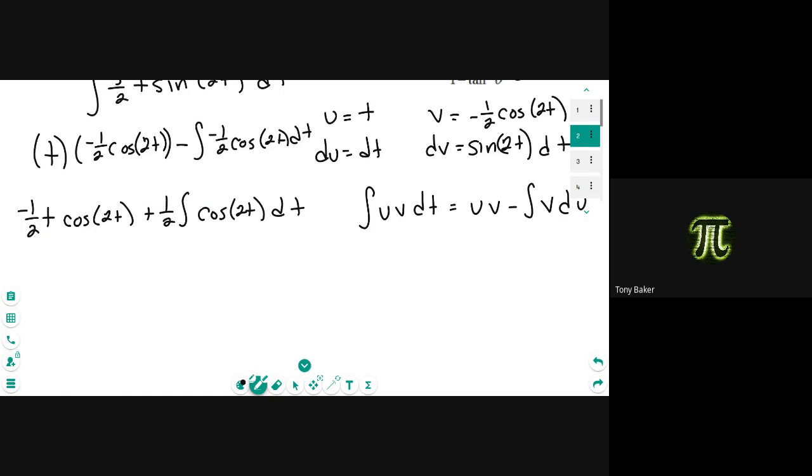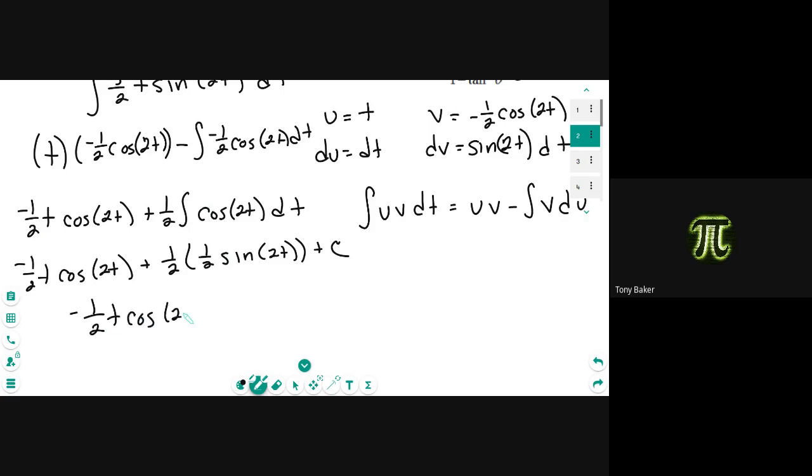So it's the integral of cosine of 2t, which is 1/2 sine. So I got negative 1/2 t cosine 2t plus 1/4 sine 2t.